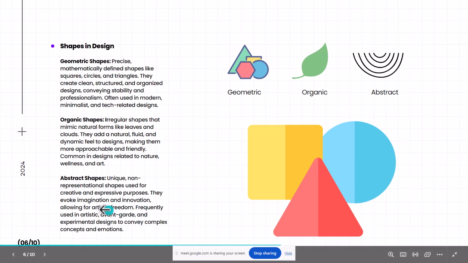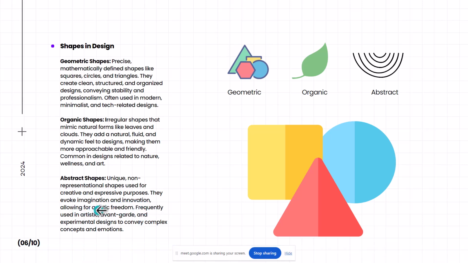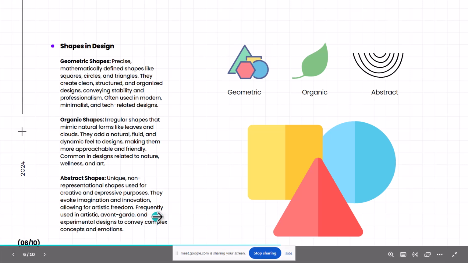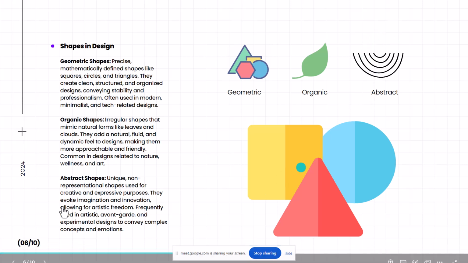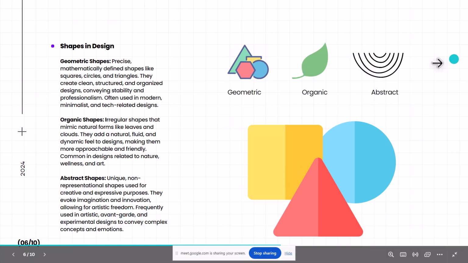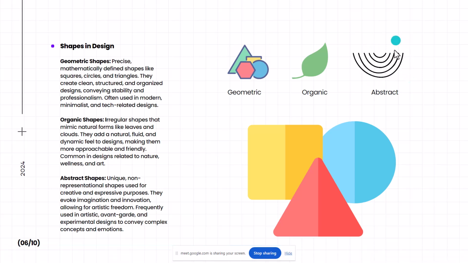They evoke imagination and innovation, allowing for artistic freedom. As you can see, this particular shape here, I don't want to be reading all the text because of time. This is an abstract shape. Personally, I don't really know what this shape means, but it's just curvy lines kind of forming something like a circle or so.